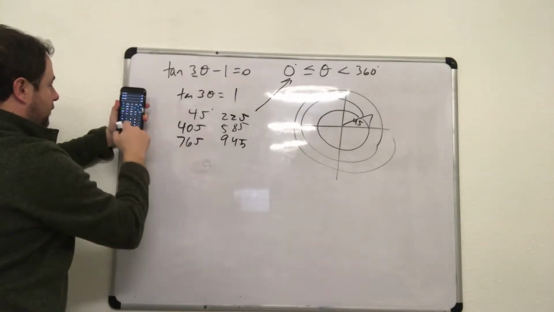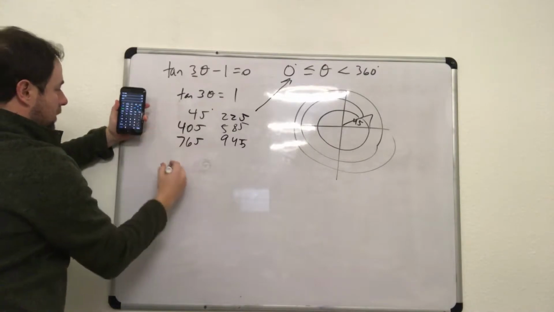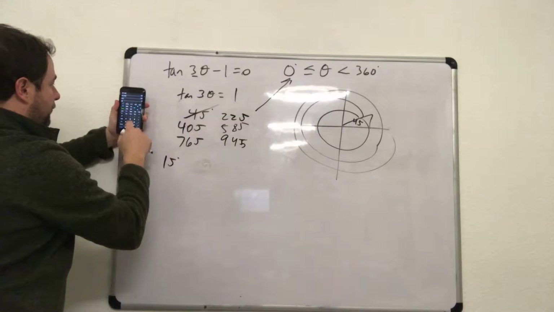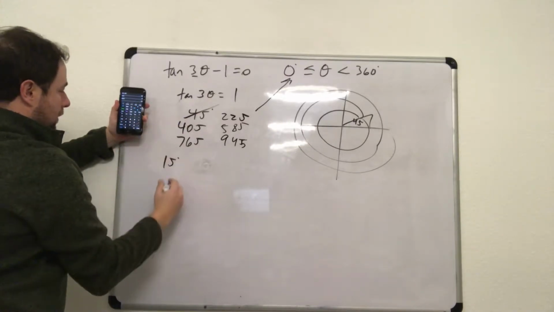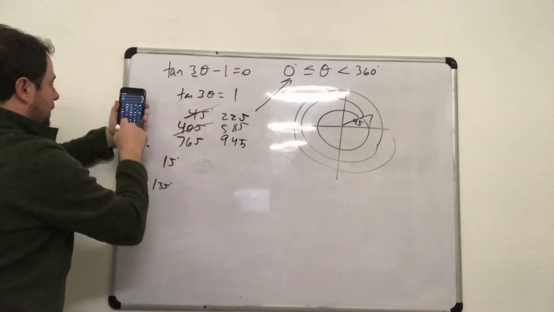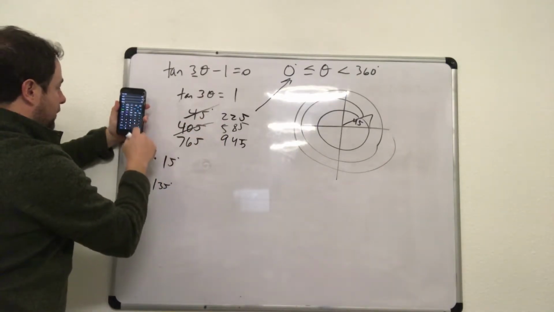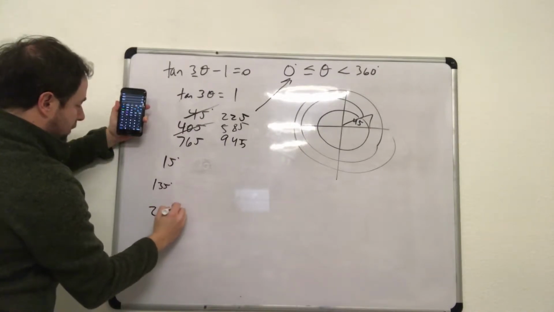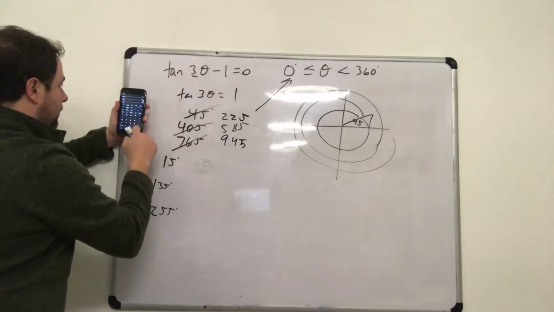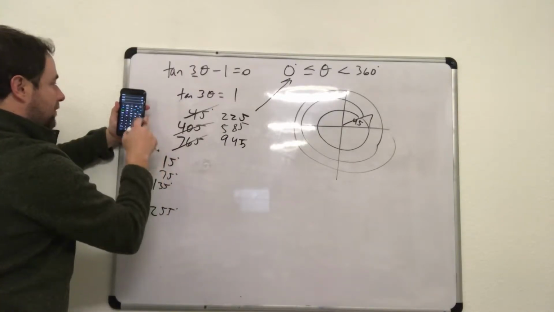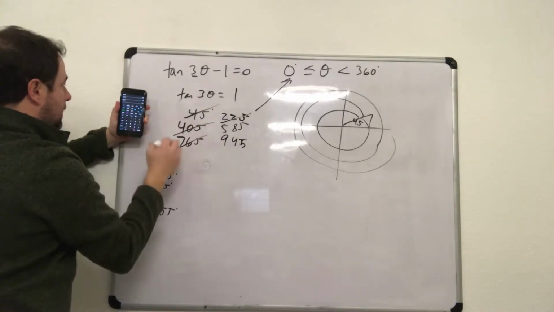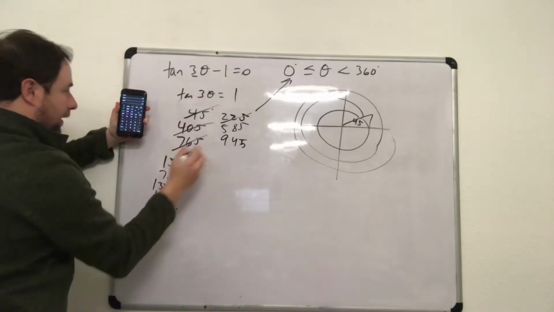So 45 divided by 3 is 15 degrees. 405 divided by 3 is 135 degrees. 765 divided by 3 is 255 degrees. 225 divided by 3 is 75. 585 divided by 3 is 195.